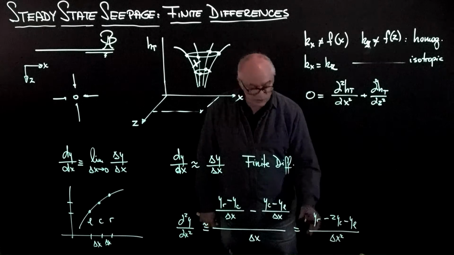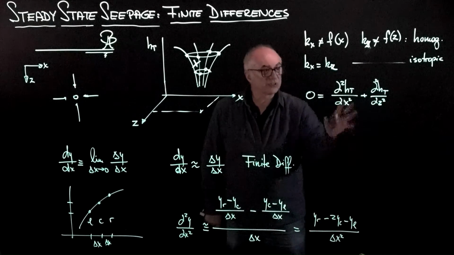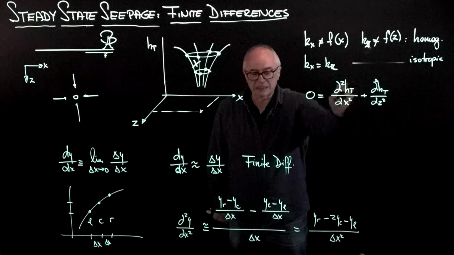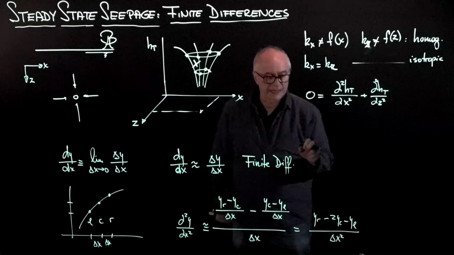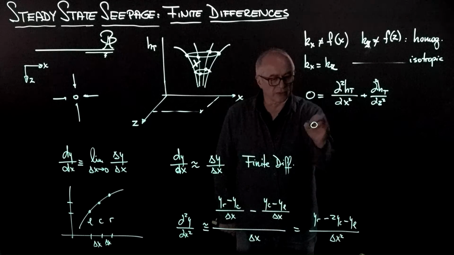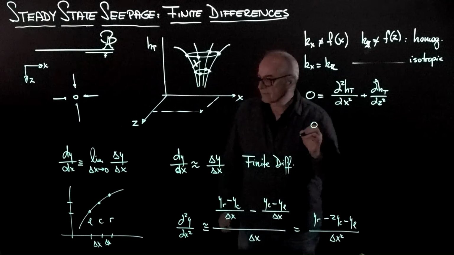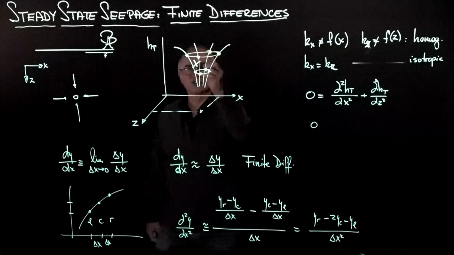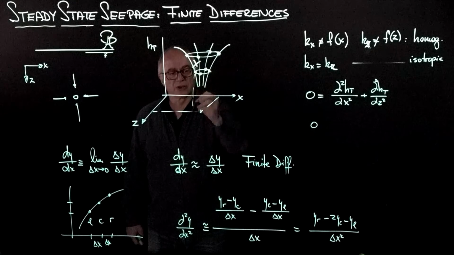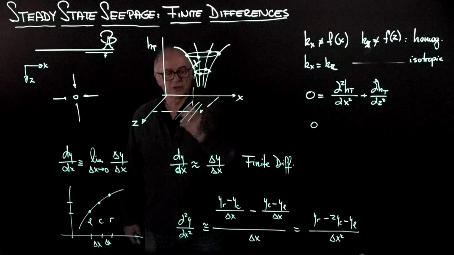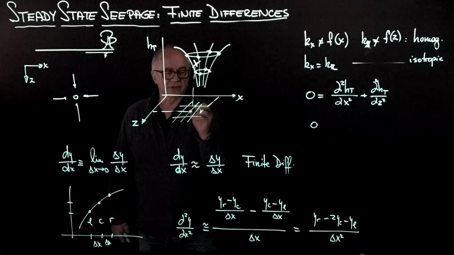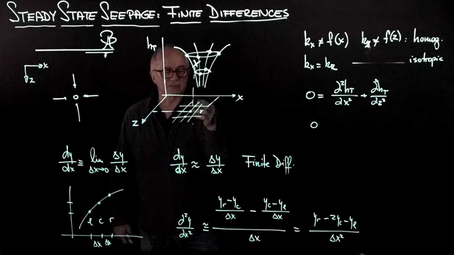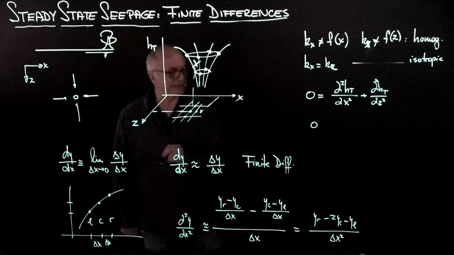Now we're going to use this concept to rewrite Laplace's equation in terms of finite differences. And you can think of, we are projecting this point onto this surface, and so we're going to be looking at points. Let's say the point is here. We're going to look at points above, below, to the left, and to the right, and this is the value at the center.